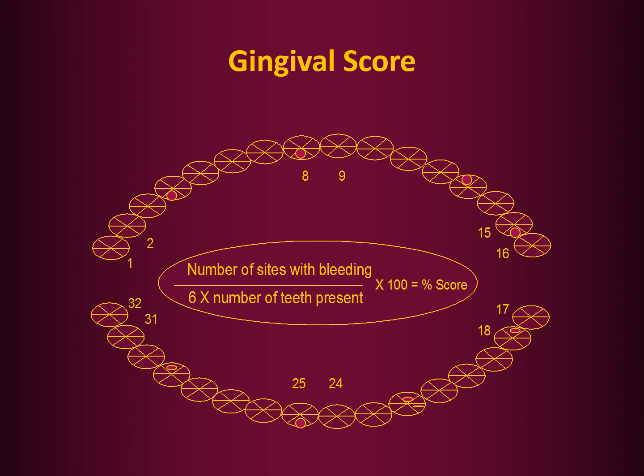In this case, you multiply it times 6, which would be the number of areas on the teeth that you would examine: mesial buccal, and distal buccal, mesial lingual, and distal lingual surfaces, times 100 to give you the percent score for the individual. Again, this index is useful to get a very quick assessment of how much bleeding occurs in the mouth.